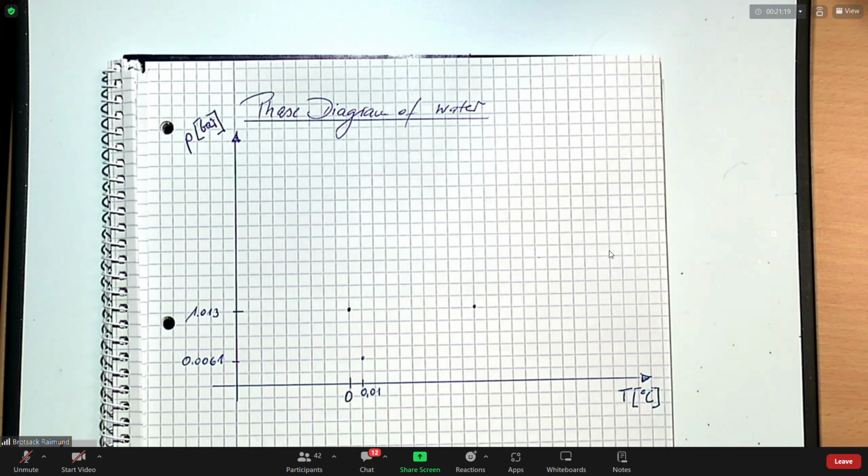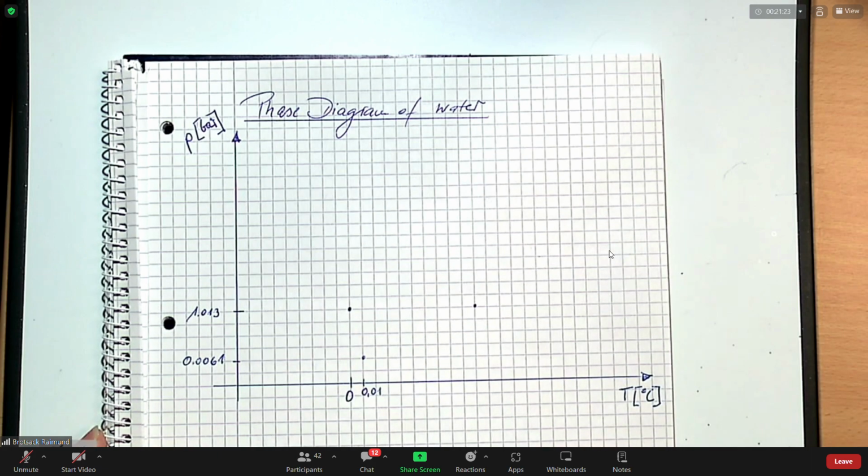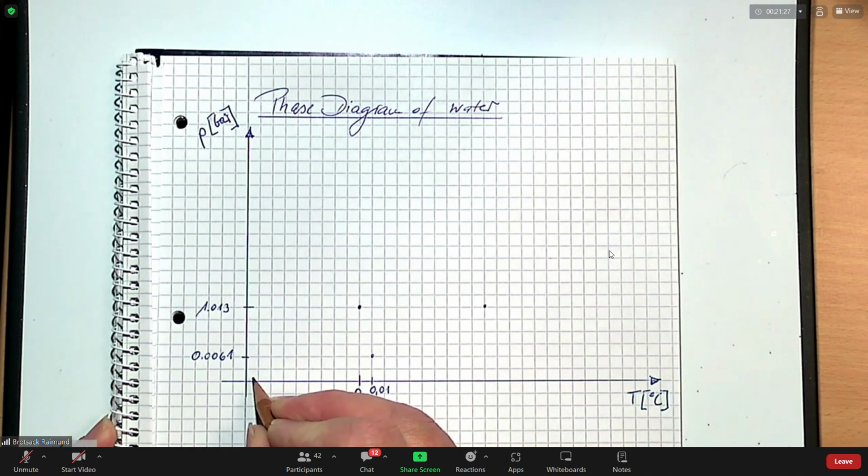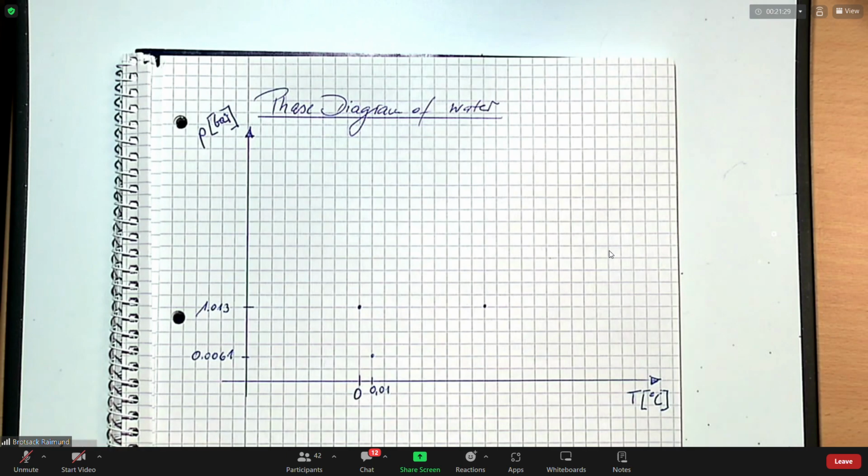Now, when we try to draw our graph, we start here at the absolute zero point. This is here minus 273.15 degrees Celsius. That's the absolute zero point of temperature.